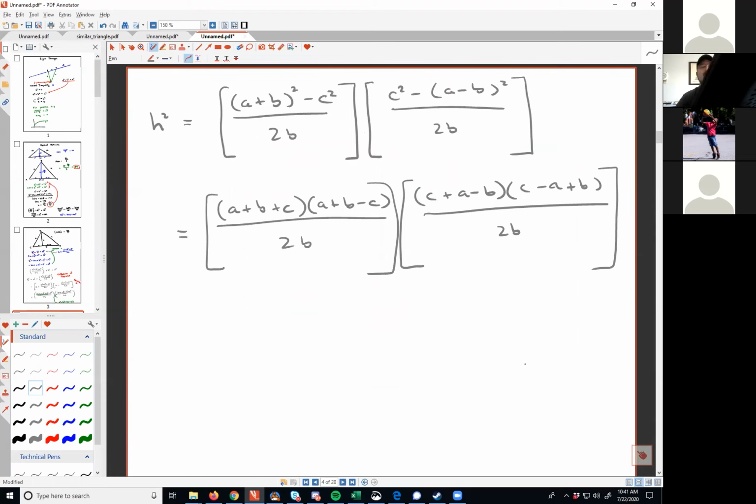Okay, I'm going to rewrite this, but now is the time I'm going to take the square root. What's going to happen when I take the square root? You'll be left with a plus b plus c. Okay, what are we going to have in the denominator?